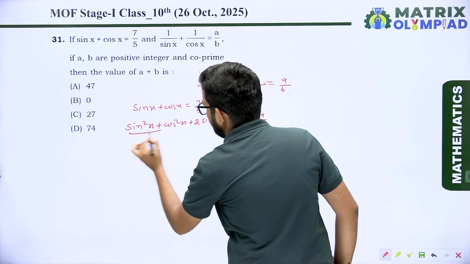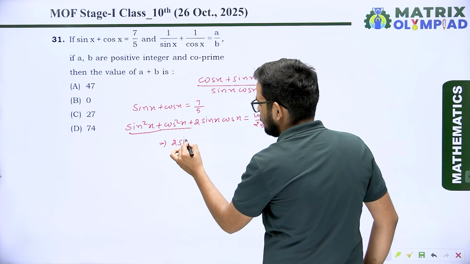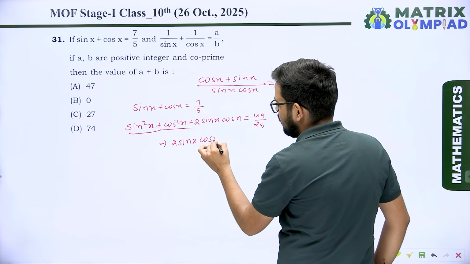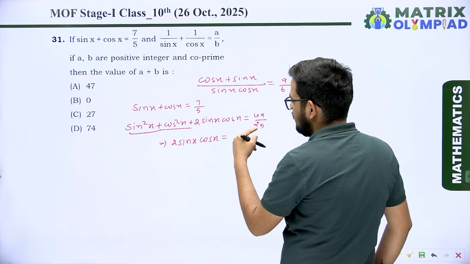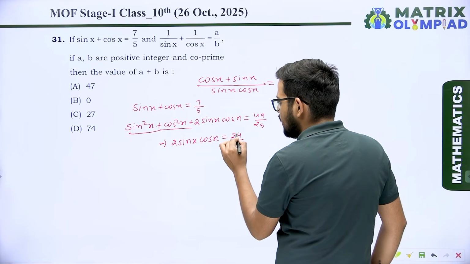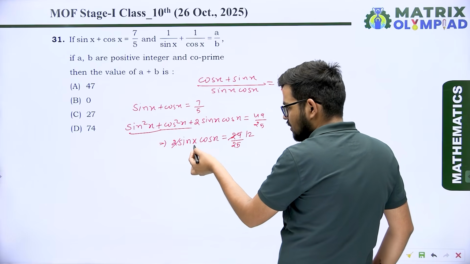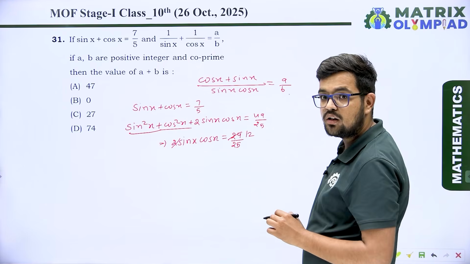Sin square x plus cos square x equals 1, so you will get 2 sin x cos x equals 49 minus 25, that is 24 upon 25, and when you simplify, sin x into cos x will be 12 upon 25.